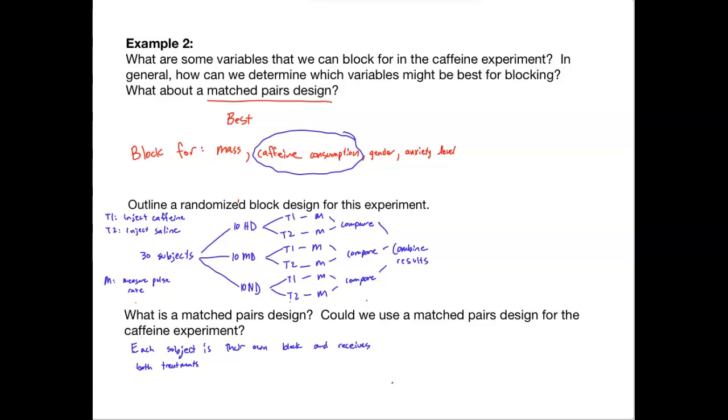Like if it's day 1 and there's like a huge thunderstorm, that could affect their pulse rate or whatever. So you would want to make sure you randomize treatment order for each subject.